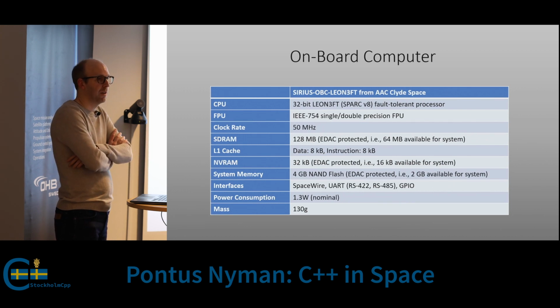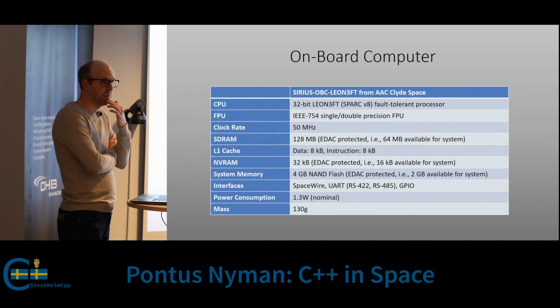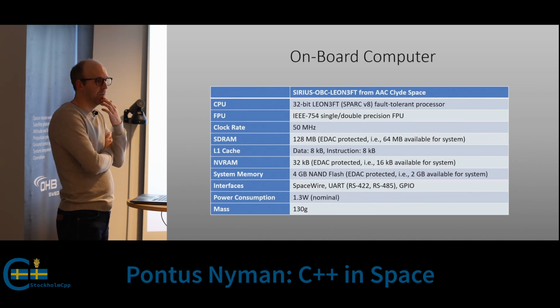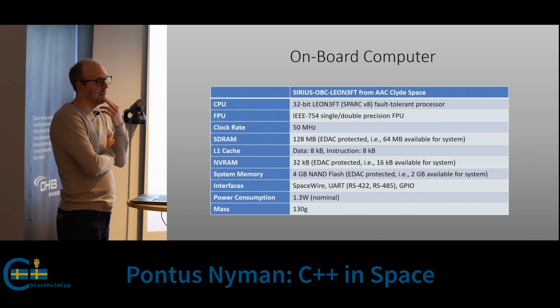But the MATS satellite is at 600 kilometers, and we had one before that was at 1200 kilometers, and there we actually saw reboots from time to time. We had some bit flips going on there, but it's quite a harsher environment at 1200 kilometers.